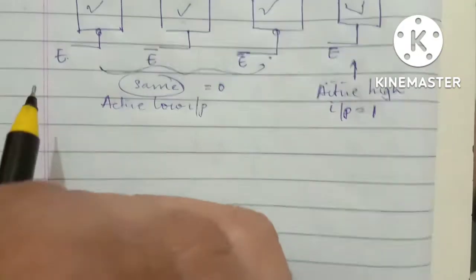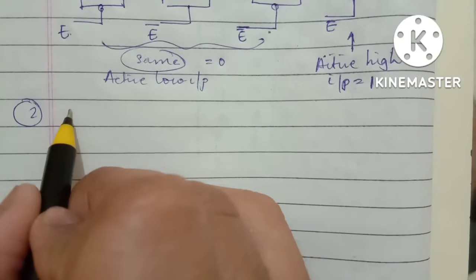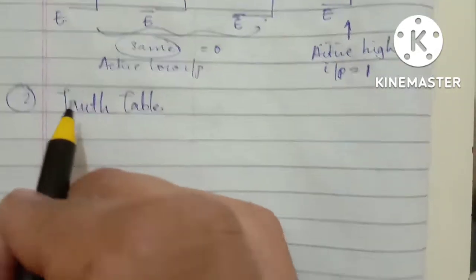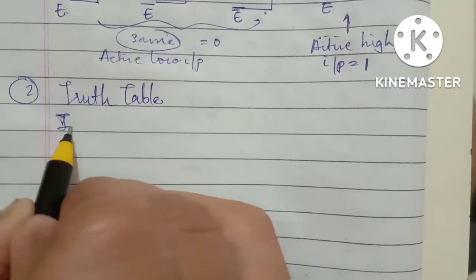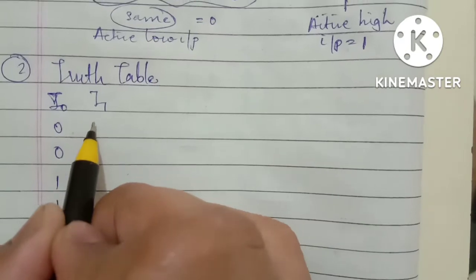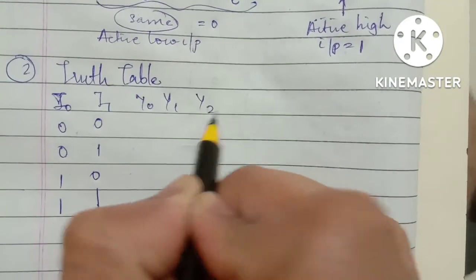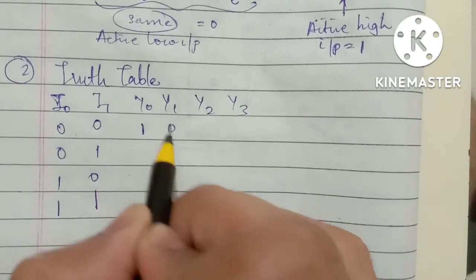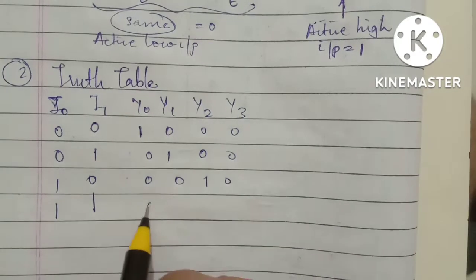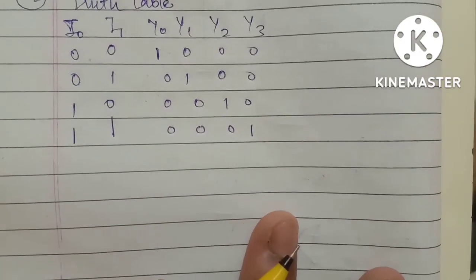Now we'll see the truth table. We'll draw the truth table to understand the basic relation between the input and output. The inputs are I0, I1, covering all the possible conditions, and the outputs are Y0, Y1, Y2, Y3. Totally the reverse of the encoder: in the decoder we are reversing exactly the thing we have drawn.